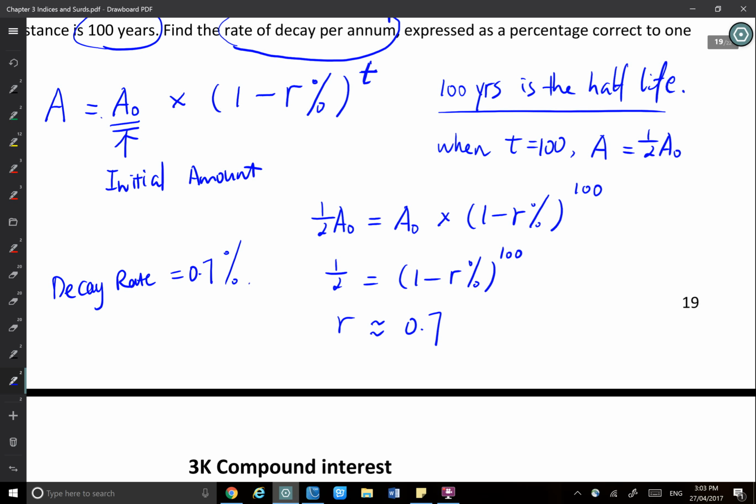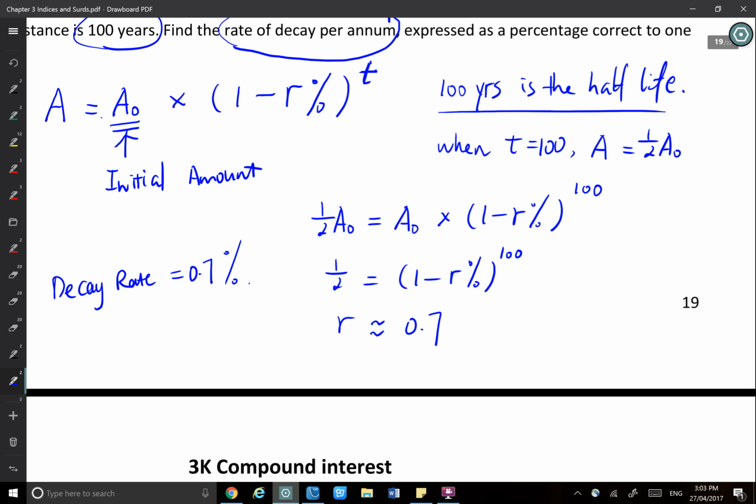Okay, so the question is, do you think the half-life will be influenced by the initial value? Say for the same substance, I have 100 gram or I have 1,000 gram. Do you think that will influence the half-life?